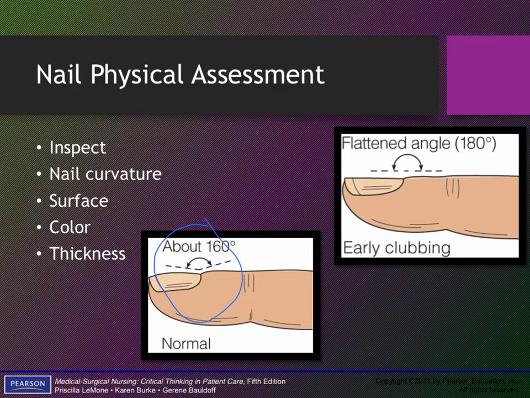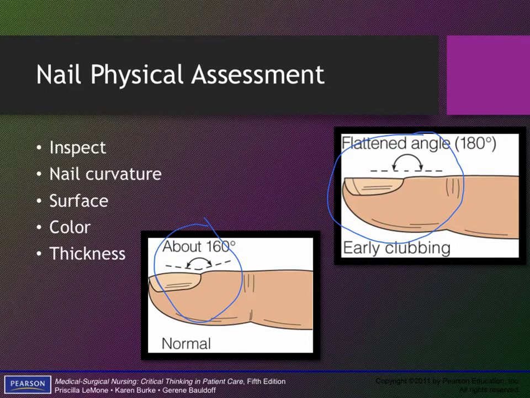There's something called clubbing. There is also a picture in your textbook on page 399 which shows a good picture of nail clubbing. A lot of times you will see this in respiratory patients or patients with COPD. This is where the angle of the nail base is greater than 180 degrees.